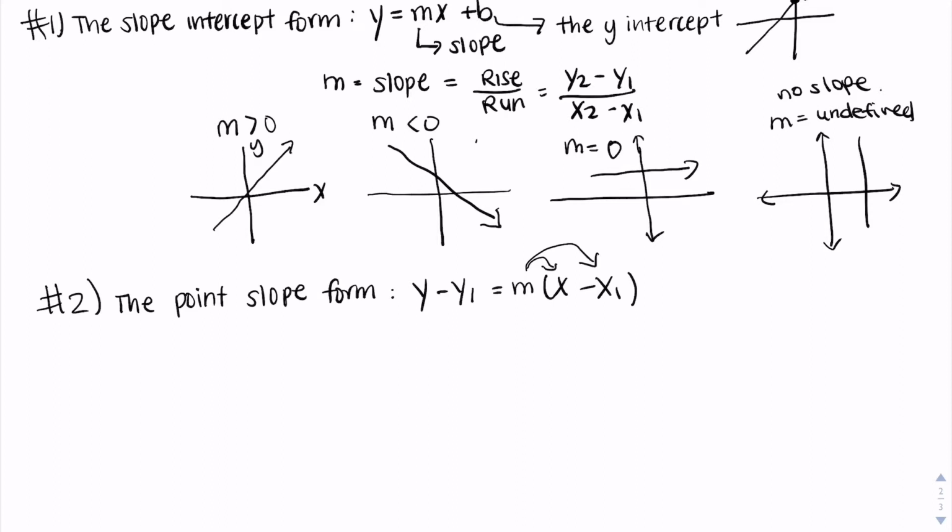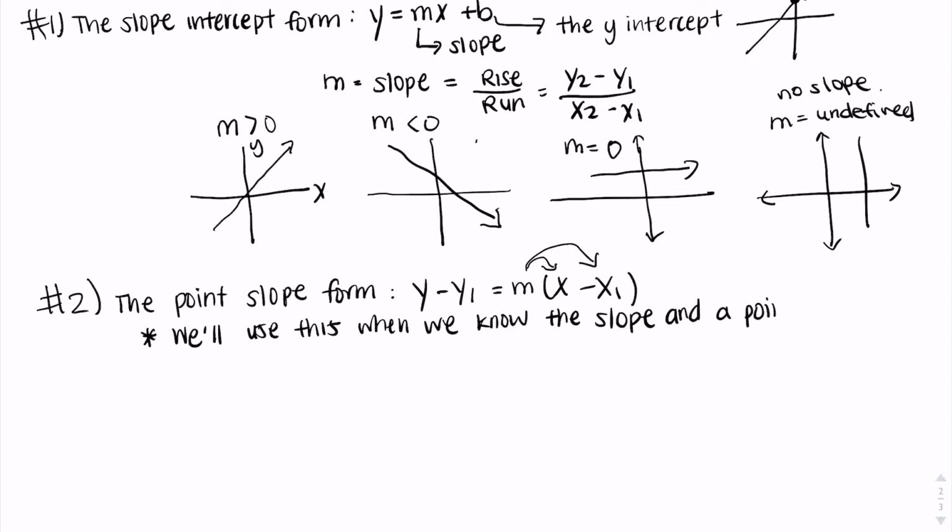So we will use this when we know the slope and a point. My (x1, y1) is equal to any point on the line.